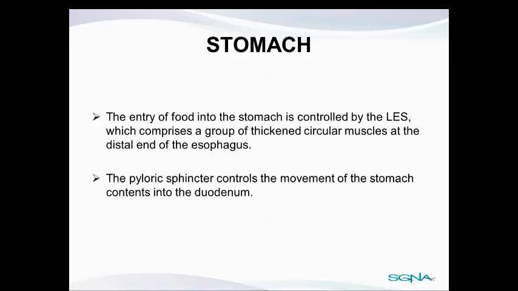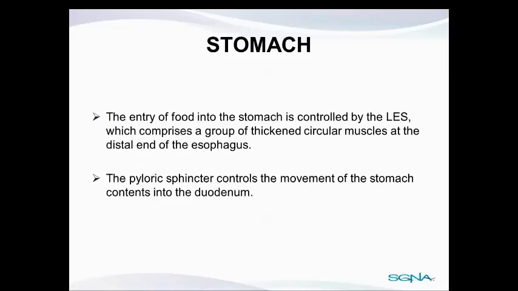The entry of the food into the stomach is controlled by the LES, which comprises a group of thickened circular muscles at the distal end of the esophagus. The LES regulates the opening and closing of the esophagus to the esophageal lumen. At the distal end of the stomach is the pylorus, which is a thick muscular wall that forms the pyloric sphincter.